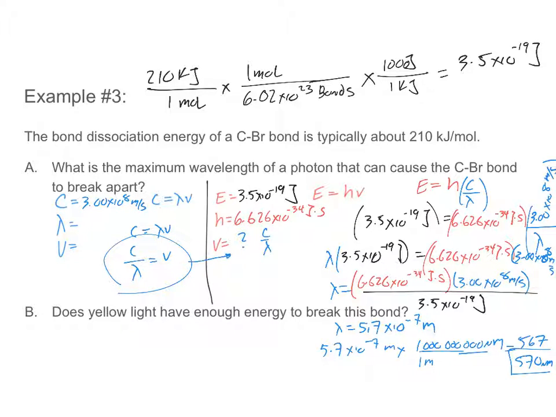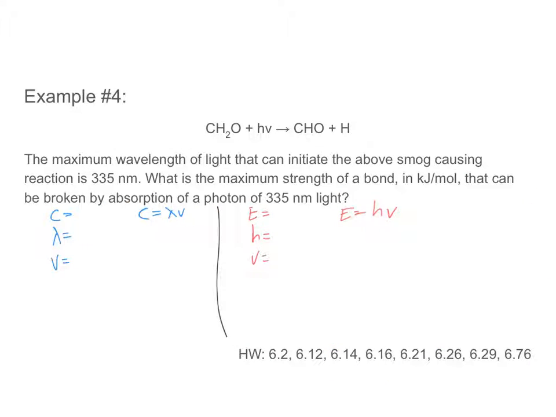So will this yellow light have enough energy to break the bond? If we go back and look at that spectrum, I would say yes, it does. It's just on the upper side of that, but it does.